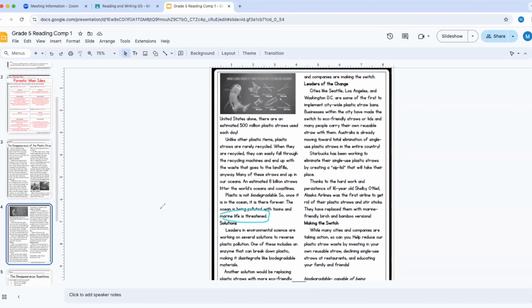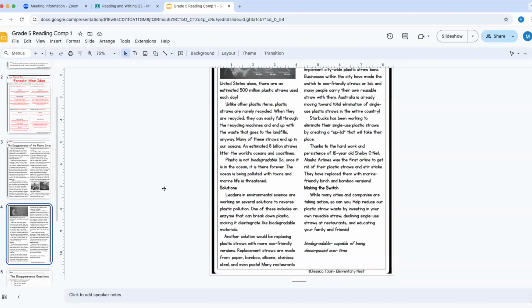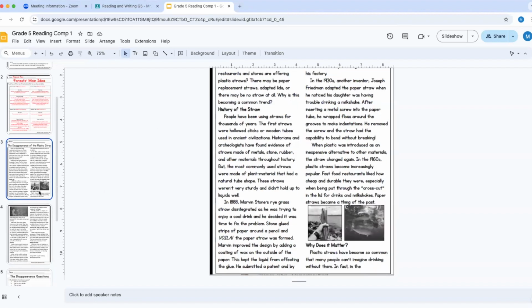It's really short. Starts on the bottom here under the pictures. There's only 3 lines. And it only goes down to marine life is threatened. Read that in your head and then send me in the chat the main idea. And that will be really short because it's a short section.